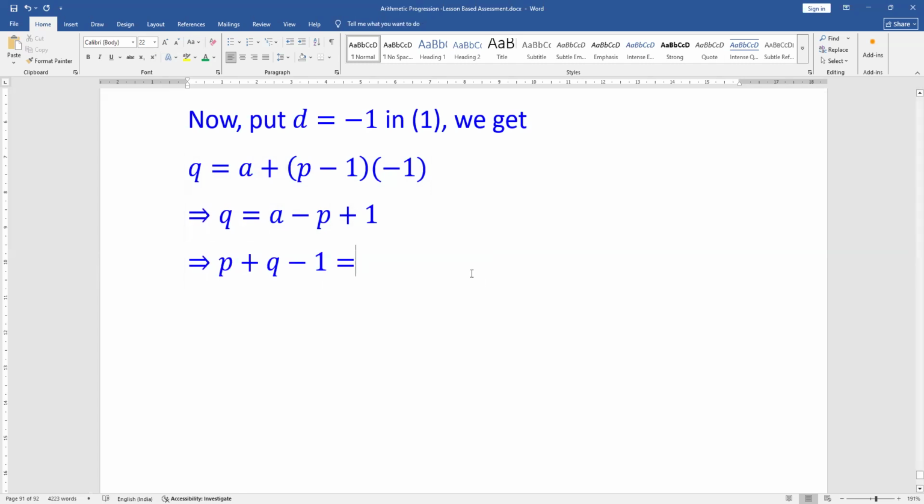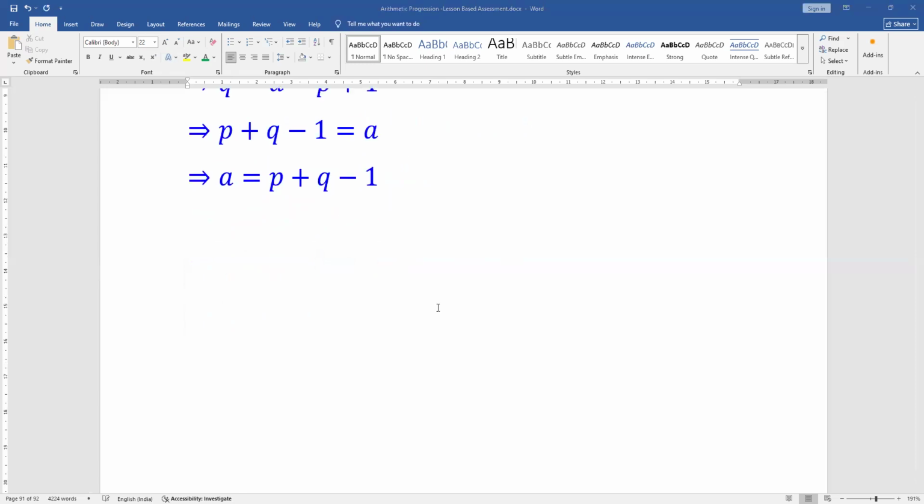Minus p moves to the other side and becomes plus p, and q is already there, and plus 1, when I move to the left hand side, becomes minus. And on the right hand side, you have only a. So I just rearrange the terms. I write a as p plus q minus 1. So this is our first term.